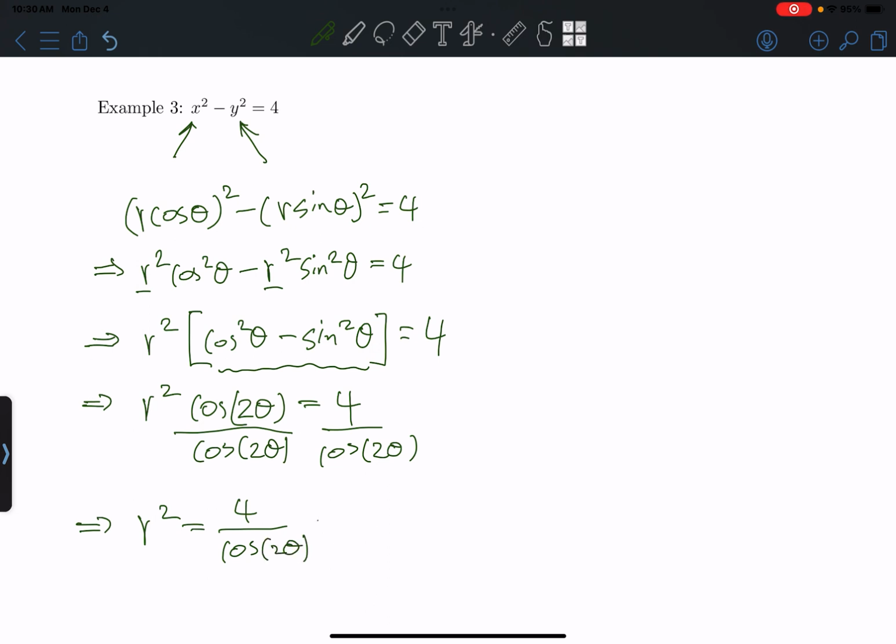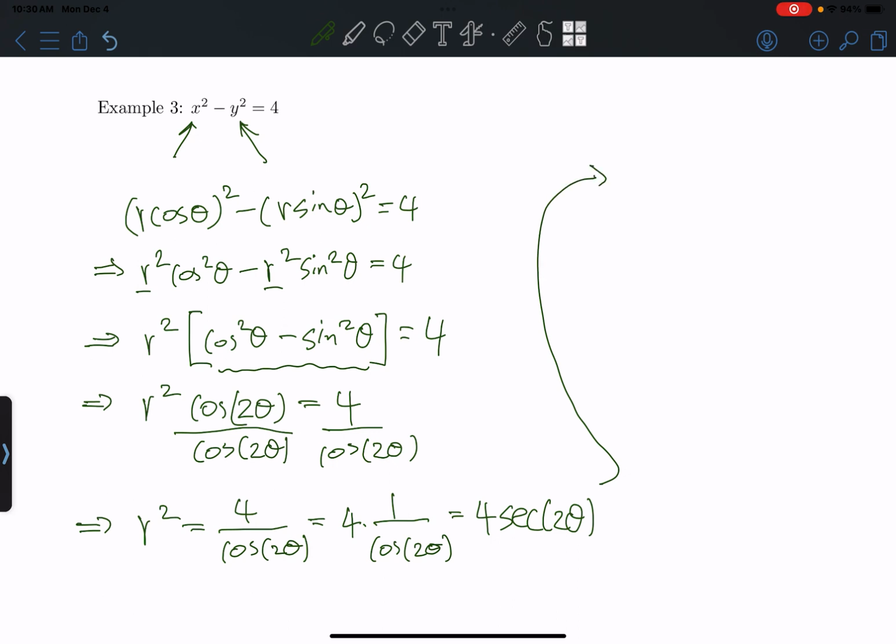And if we play a similar game as before, we write that as 4 times 1 over cosine of 2 theta. And that's just another way of writing 4 secant of 2 theta. So what we have so far is r squared equals 4 secant 2 theta.